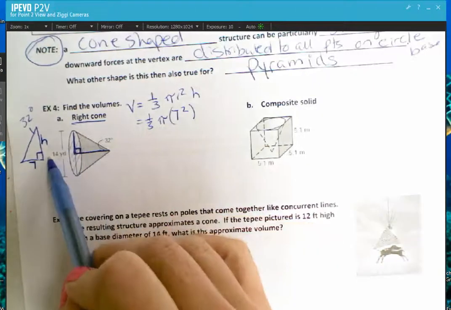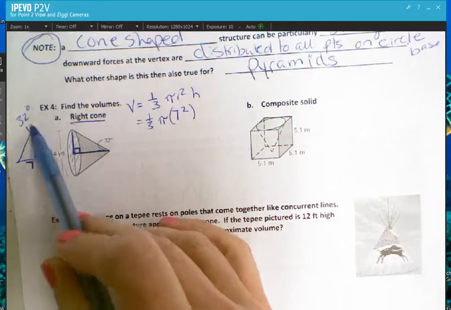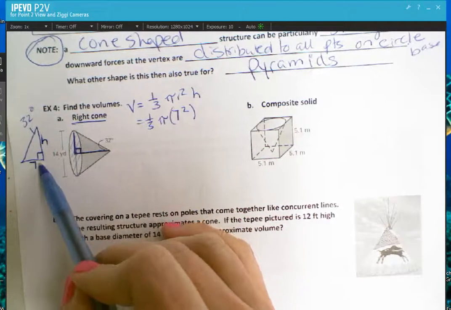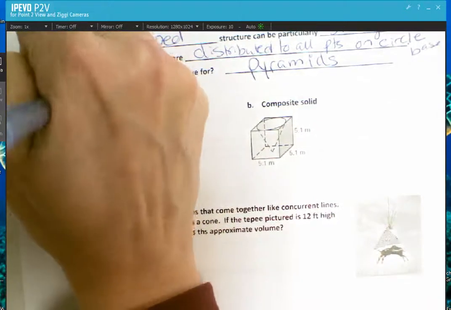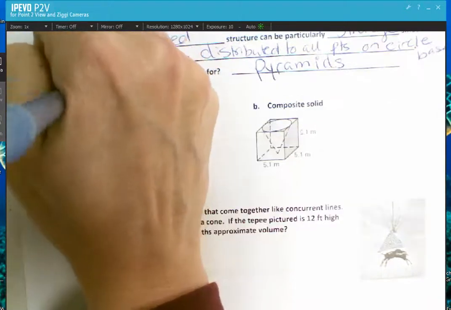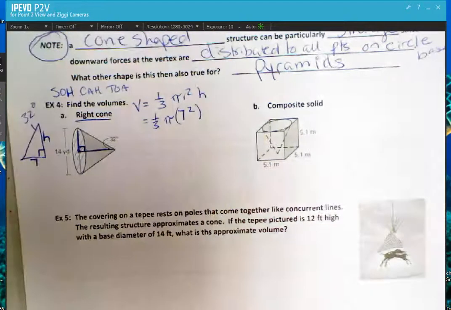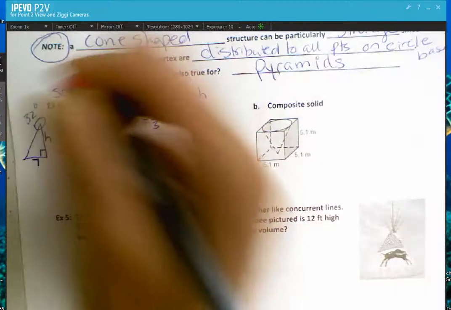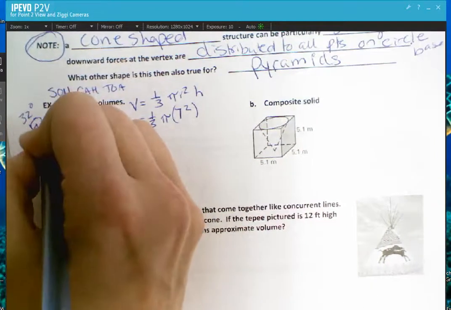It's a right triangle, but I only have one side, so I can't use Pythagorean theorem. It's not 30, 60, 90, so I'm left with my tangent ratios. I've got my trig ratios. I got TOA. Reference angle is here, so I have the opposite, which is O, and I have one next to it, which is adjacent.